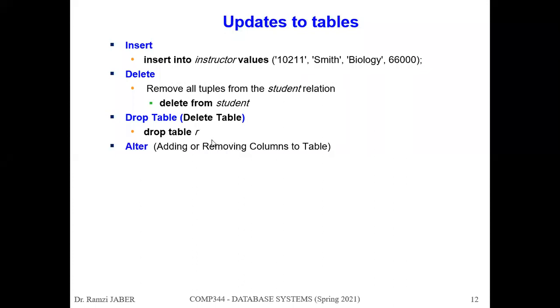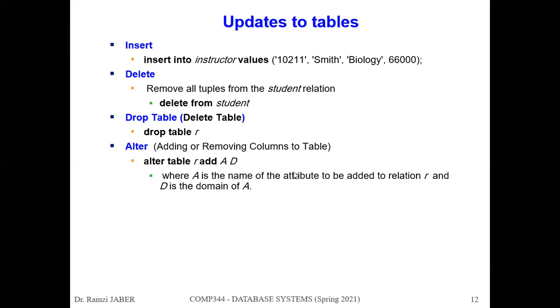Now, if you want to add or remove fields or columns to any table, we use alter. The command alter will be used like this: alter table, table name, add column name, data type.